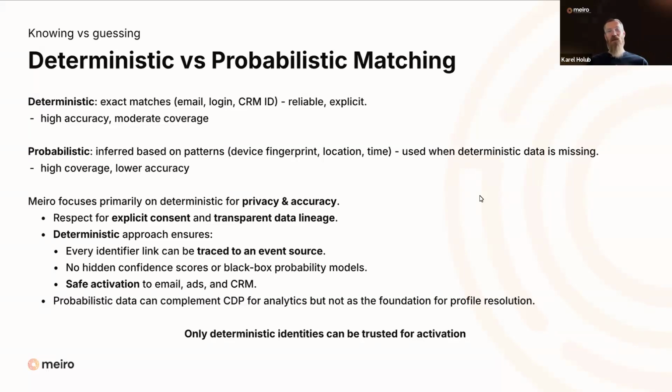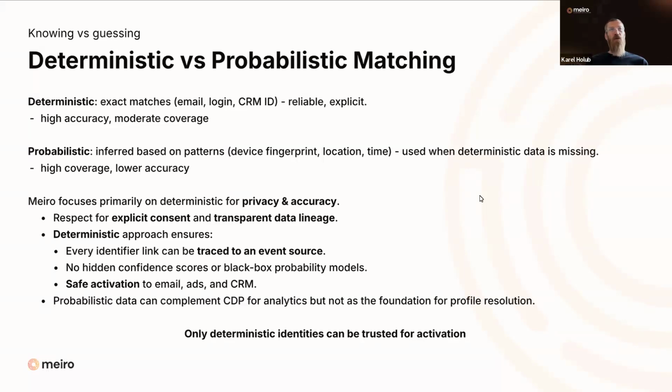So deterministic you can use for direct personalized communication. Probabilistic, maybe in some cases, but mostly it would be used to give you a better idea in analytics. So it's sort of like modeling or computing the audience you might be missing otherwise. But it's always questionable how far you want to go in personalized communication and activation with probabilistic matching based profiles.